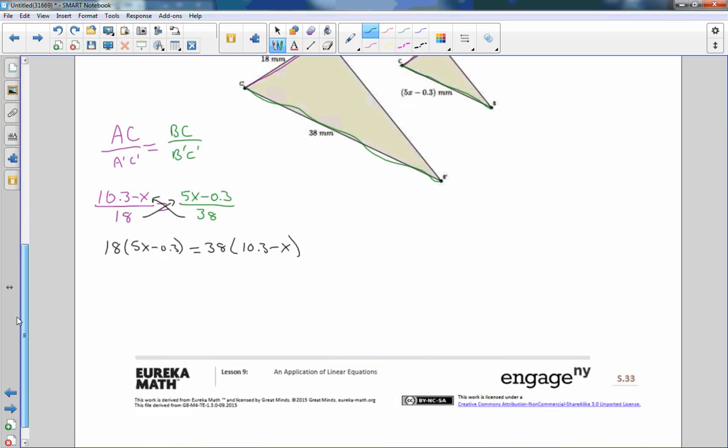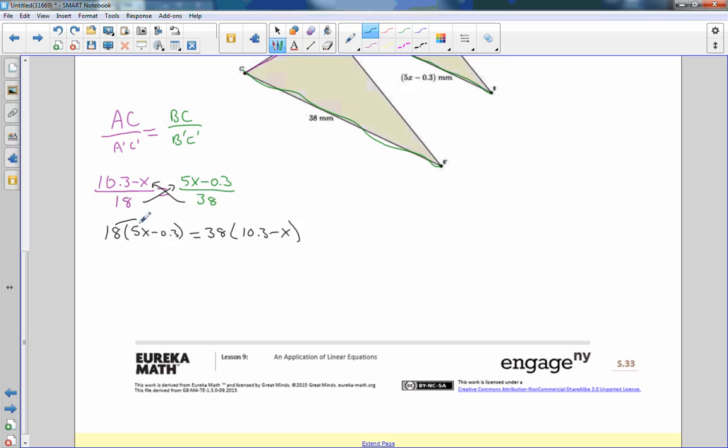Okay, now I'm going to distribute. 18 times 5 is 90, minus 18 times 0.3. 8 times 3 is 24, carry the 2, 3 times 1 is 3, plus 2 is 5. So 18 times 0.3 is 5.4. We have one decimal place.